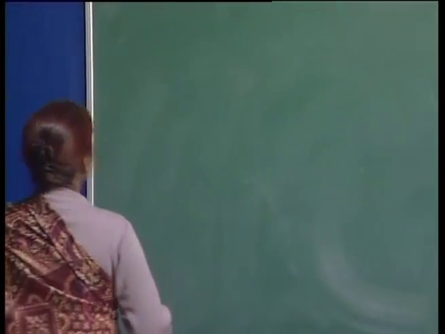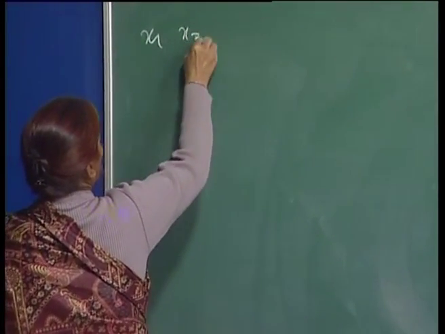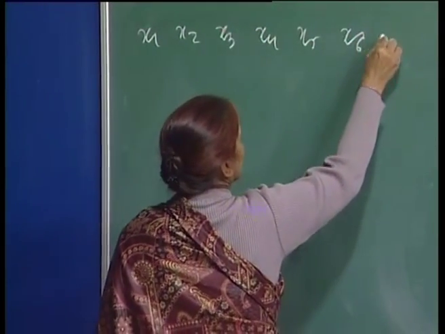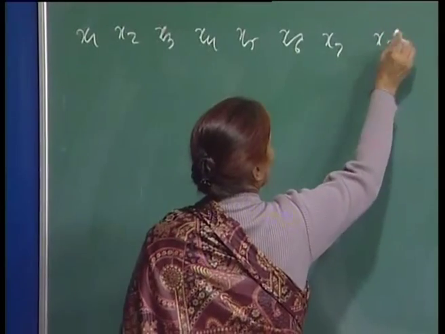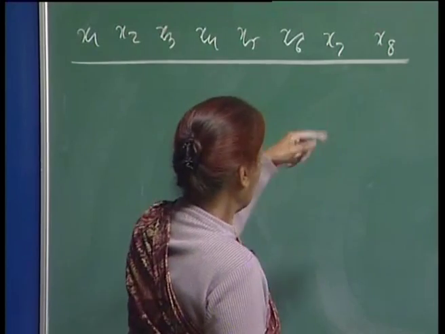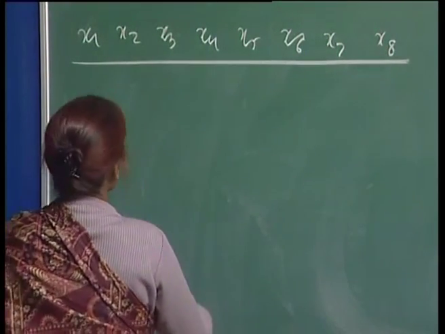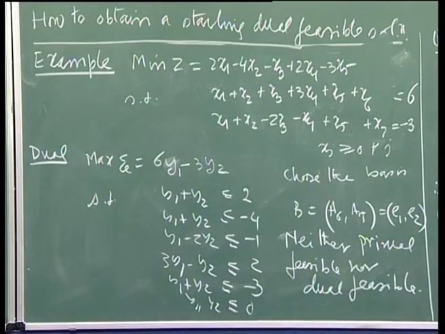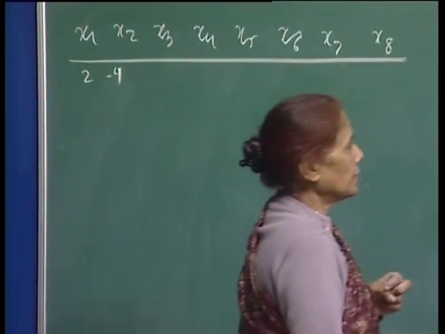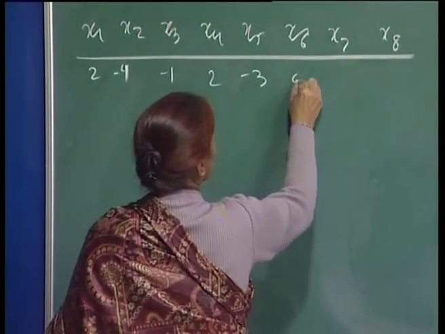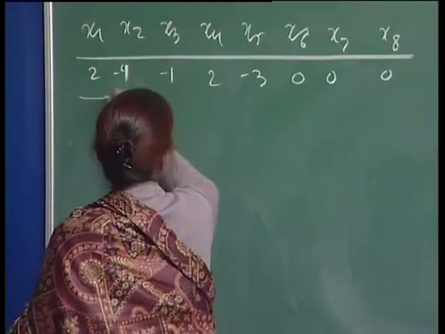I will have variables x1, x2, x3, x4, x5, x6, x7 and x8, and x8 will correspond to the constraint.